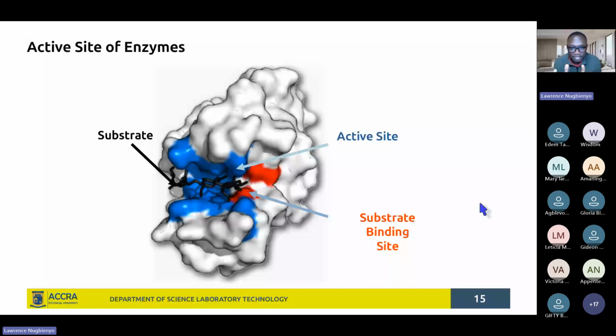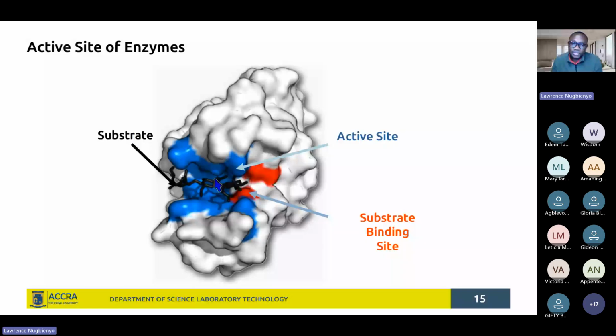And inside that pocket, the reaction will be catalyzed. And that's where the reaction will occur. That's where the substrate will bind. And so we see a substrate molecule, which is depicted here, black molecule has entered into that active site.